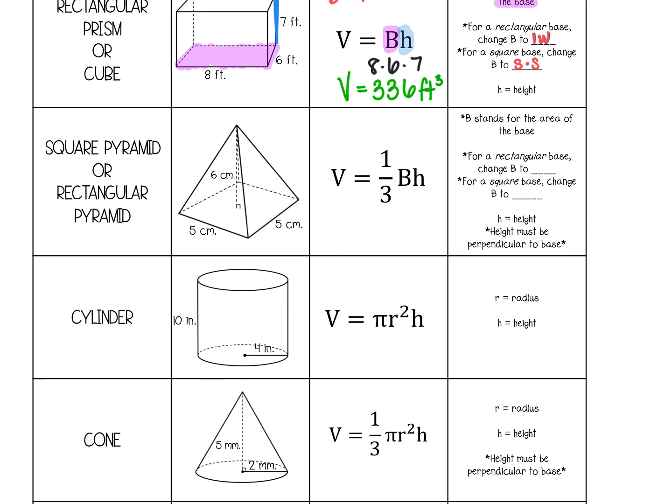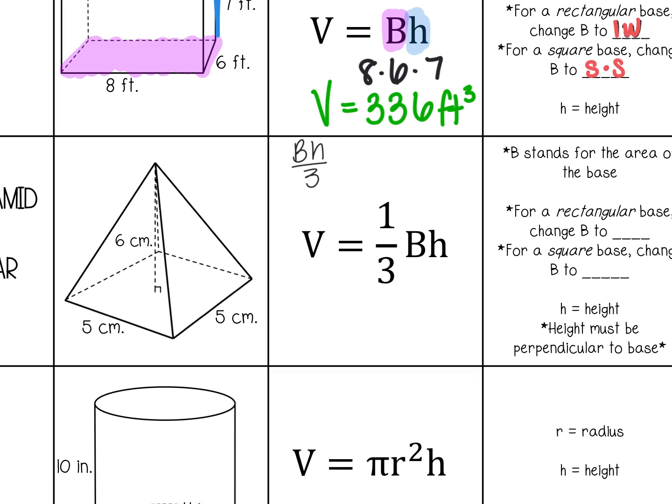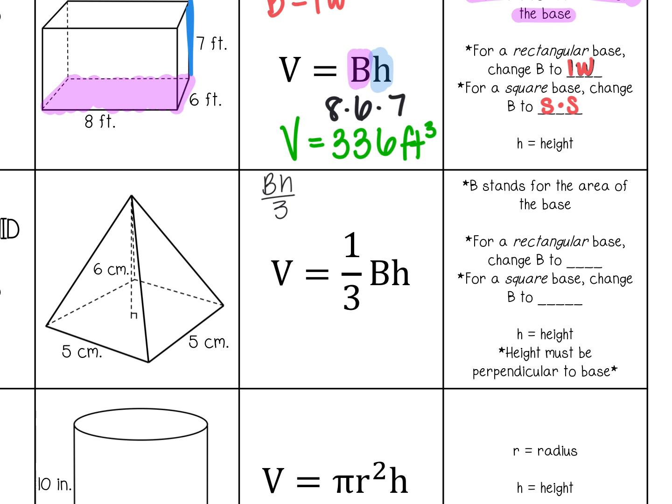So how I like to write this one is BH over 3. It's the exact same thing, I'm just writing it all over 3. So same thing as before, my B stands for area of the base.